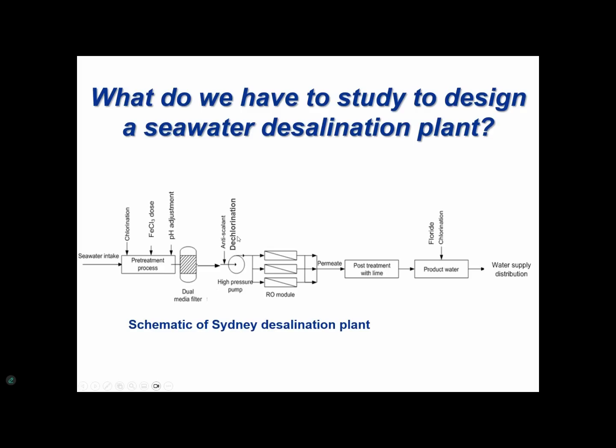So we need to have a dechlorination, and then you will have a reverse osmosis and permeate post-treatment with lime, to add some calcium, and then buffer solution and fluoride and chlorination, and you produce the drinking water. So that's the general process of seawater desalination.